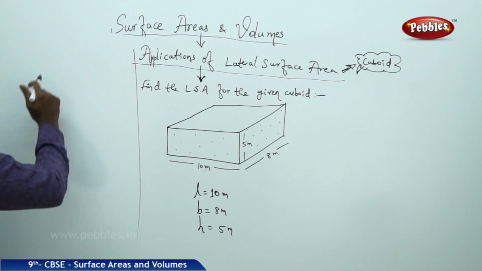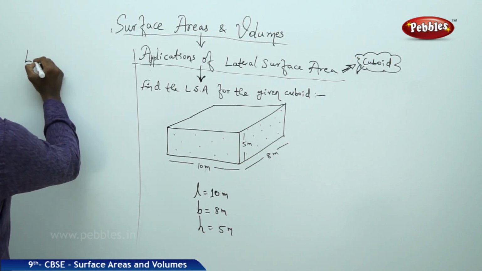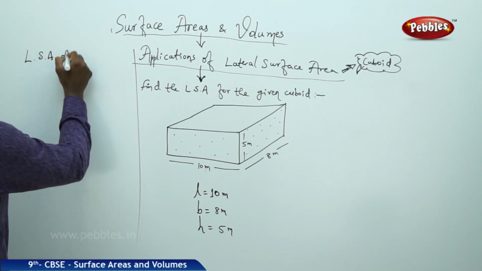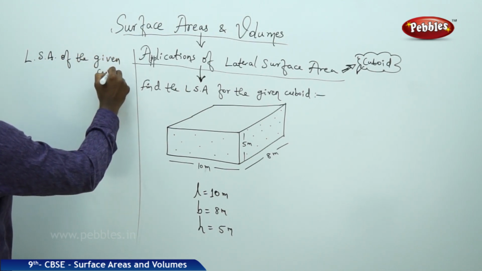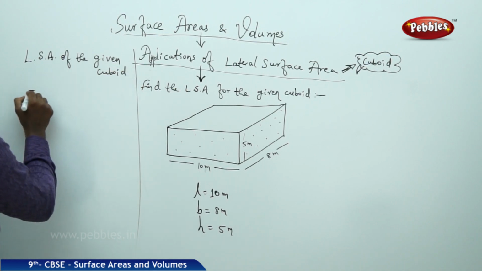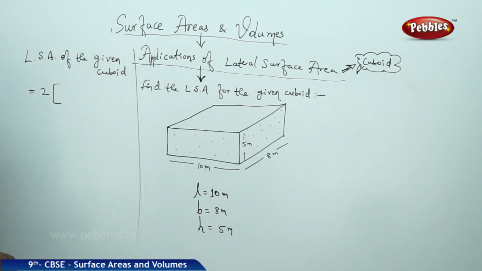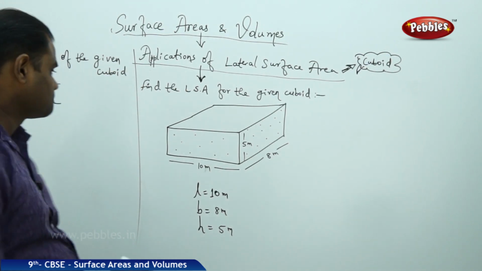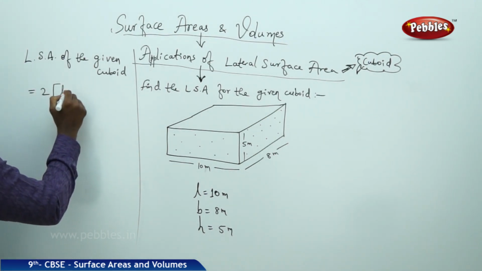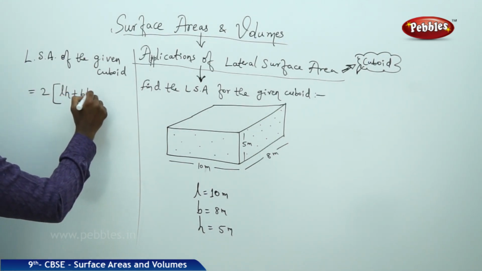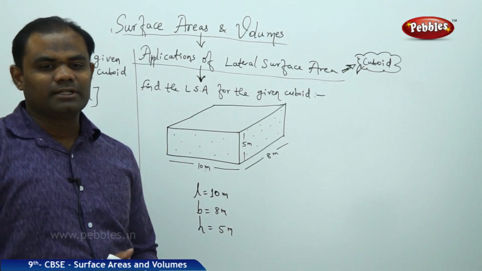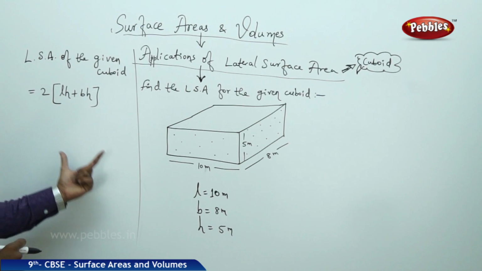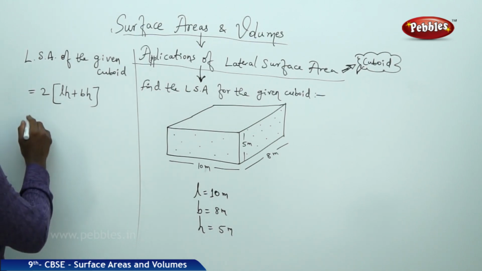So in this case, the lateral surface area of the given cuboid is given by the formula 2 times (LH plus BH), as we have seen. So let's use this formula to find the lateral surface area.